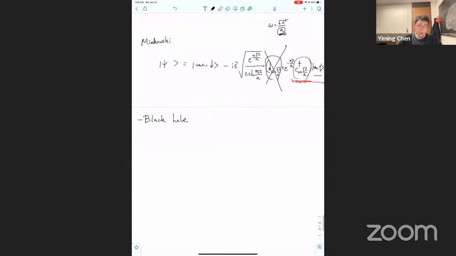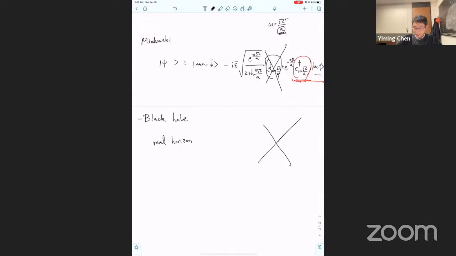So for a black hole, the main difference from the previous discussion is that there is a real horizon due to the space-time curvature, rather than a fictitious horizon. I didn't really mention it earlier, but sometimes the light cone is called the Rindler horizon. It's the horizon that plays the role of the real horizon for an accelerating observer. But for the black hole, there's a real horizon due to the space-time curvature.